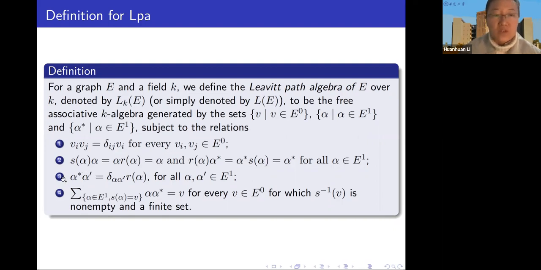Let's see the third relation: for any two edges alpha, alpha prime, we have alpha star alpha prime equals delta_{alpha, alpha prime} times the range of alpha.